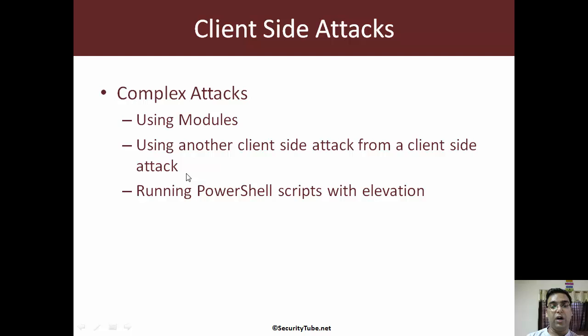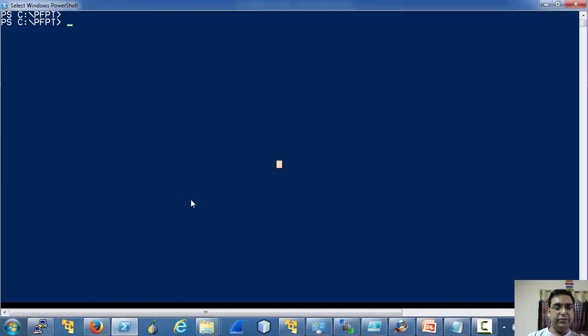We will also see how to use a client-side attack from within another client-side attack, that is dropping files of different types using a client-side attack. And we'll also see how to run PowerShell scripts with elevation using these client-side attacks. So let's get started.